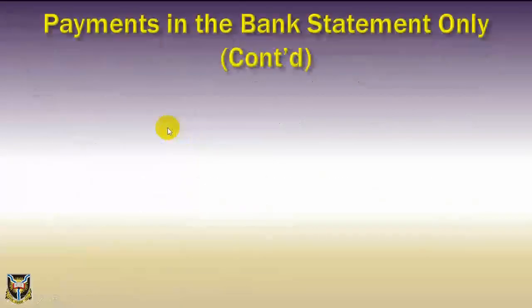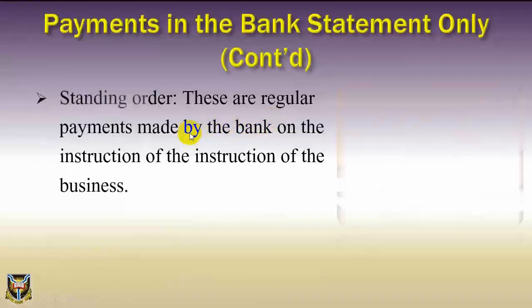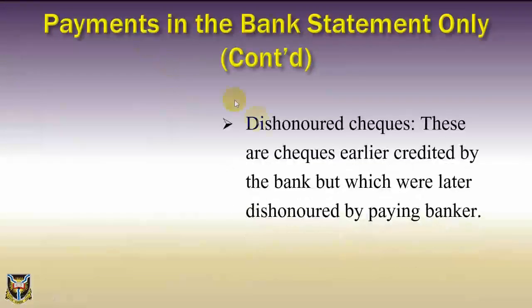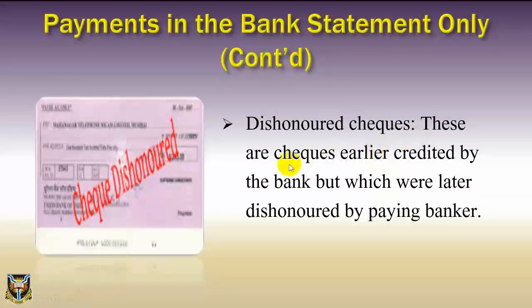Standing order. These are regular payments made by the bank on the instruction of the business. 4. Dishonored checks. These are checks earlier credited by the bank but which were later dishonored by the paying banker. Upon the dishonor, the checks are debited to the account of the firm by the bank.